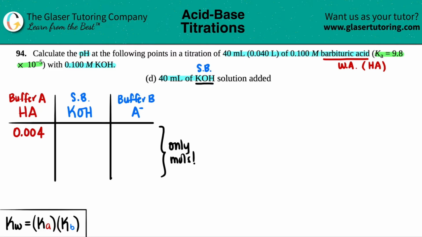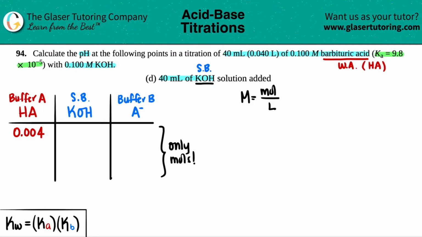The first thing is that we have to find out how many moles of the KOH we're adding. We know that we have a molarity, 0.100 molarity, and they give us a volume. Remember the molarity formula: molarity equals moles divided by liters. We have the molarity, we could solve for the liters.